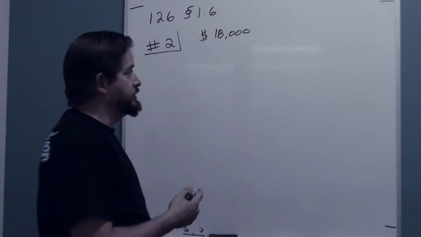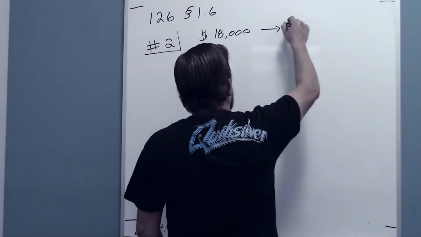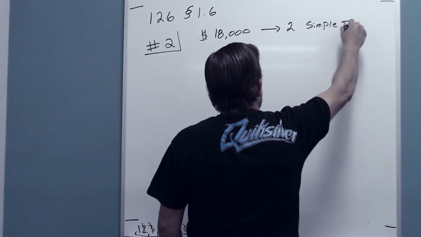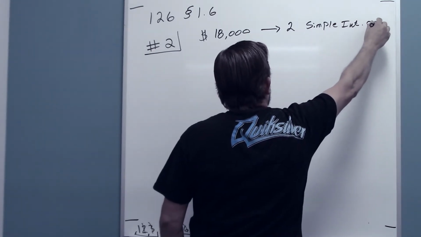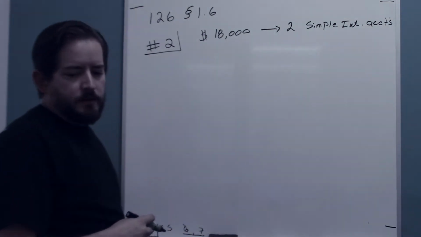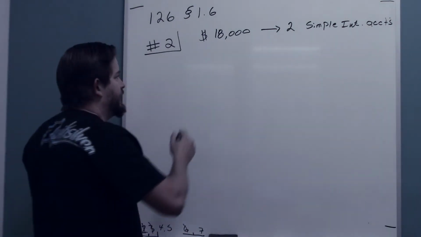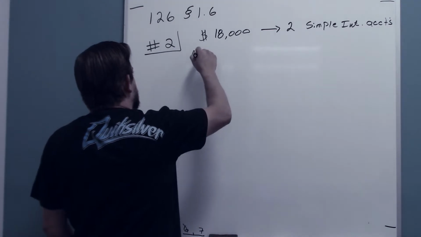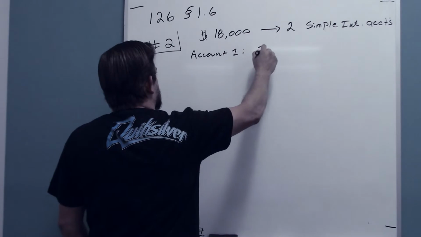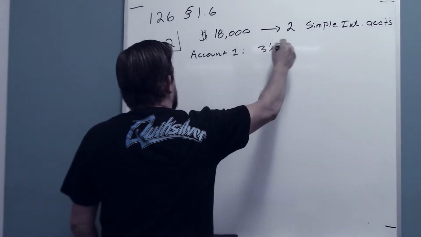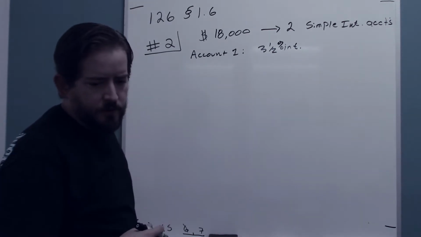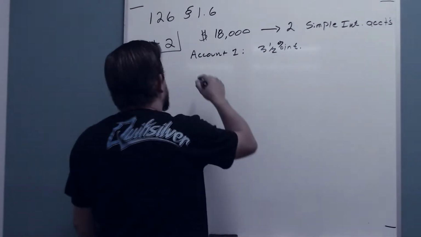And they're both simple interest. And the first account earns 3.5% interest, and the second one earns 4.25%.